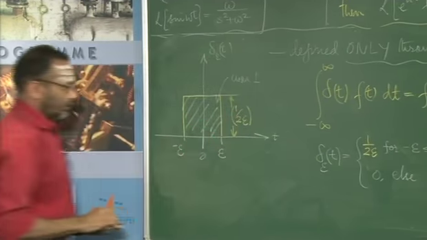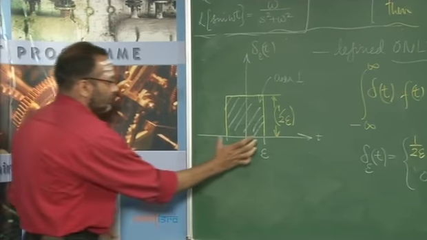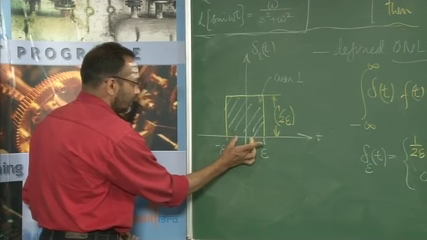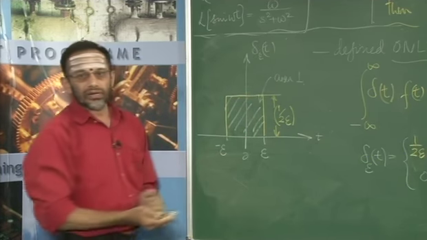Now this is the second candidate, that is this delta epsilon of t. Even in this case, if I make epsilon go to 0, and do not allow epsilon to become actually equal to 0, then the width becomes smaller and smaller, whereas the height keeps on increasing. You will see that this area is independent of epsilon.